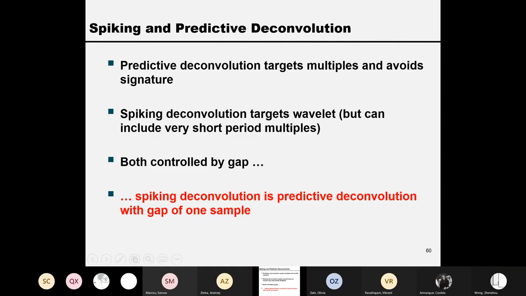It just depends on the setup of the gap. If the gap is a single sample, the functionality is spiking deconvolution. If the gap is not a single sample, but a certain number of samples, that's called gap deconvolution or predictive deconvolution, right? So gap deconvolution is a uniform terminology for the two deconvolutions. Okay.